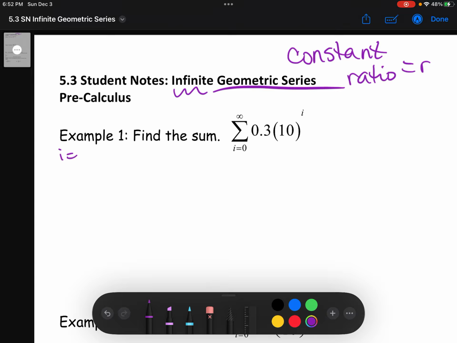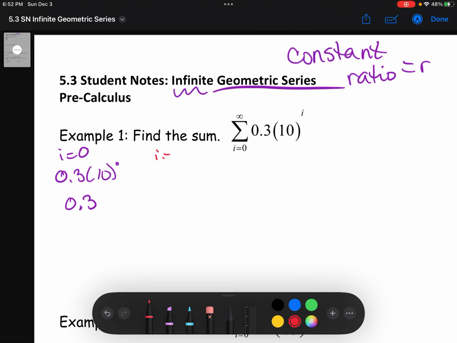For I equals 0, that first term would be 0.3 times 10 to the 0. Well, 10 to the 0 is 1, times 0.3 is just 0.3. So there's our first term.